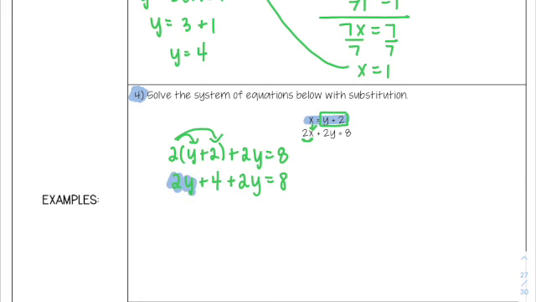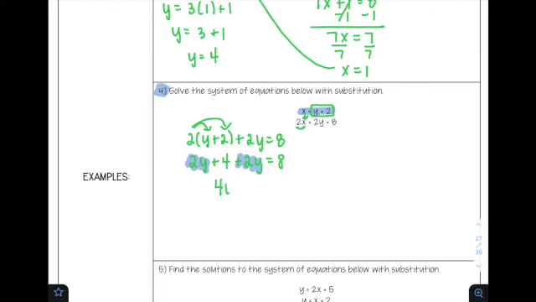Again, combining our like terms. 4y plus 4 equals 8. Subtract 4. Isolating our variable again. Divide, and we'll get y equals 1.